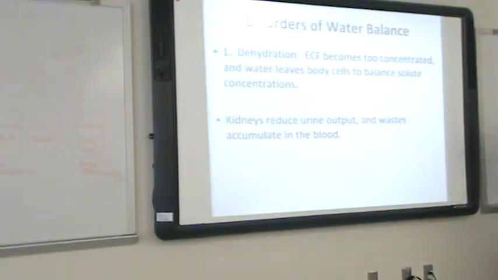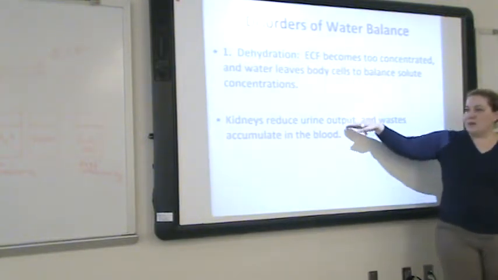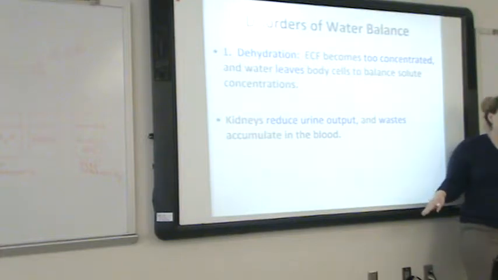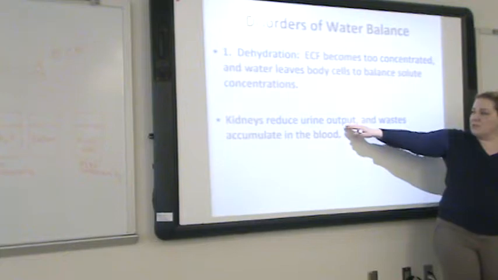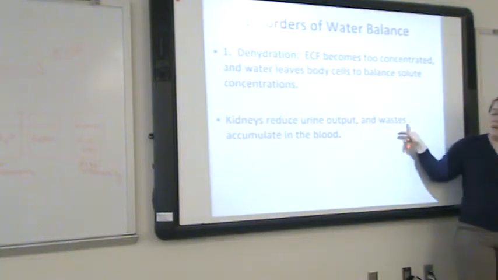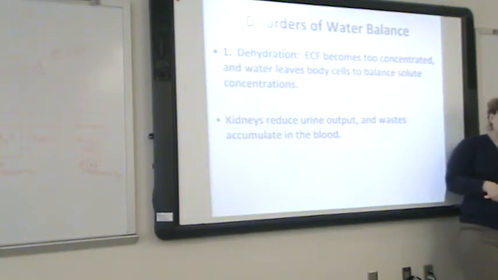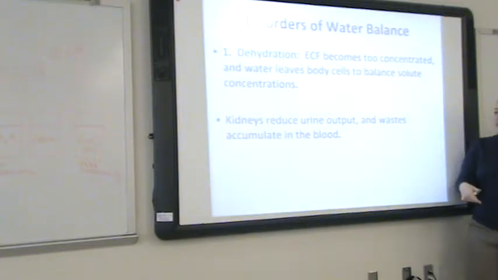When that starts to happen, your kidneys will help you out by producing less urine. You don't decide that, your body decides it for you. You're going to produce less urine. But if you're not making as much urine, you don't have as much opportunity to get wastes out of the body that will slightly start to build up.